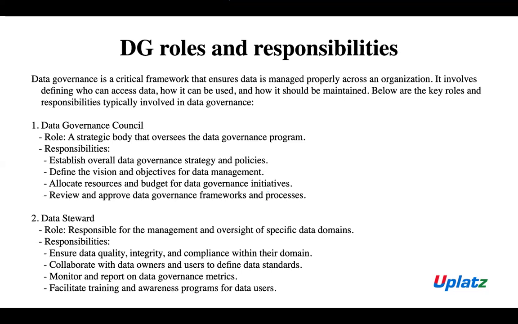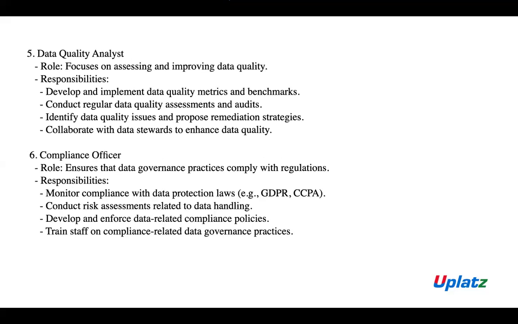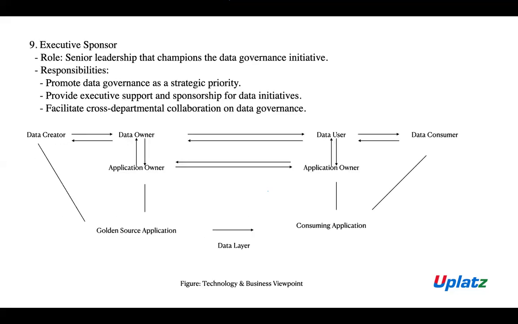As discussed in our last lectures, the data governance roles and responsibilities: the data governance council, what the data steward and the team do, and the roles and responsibilities for data owners, data architect, data quality analyst, compliance officers, business users, IT data team, and executive sponsors.